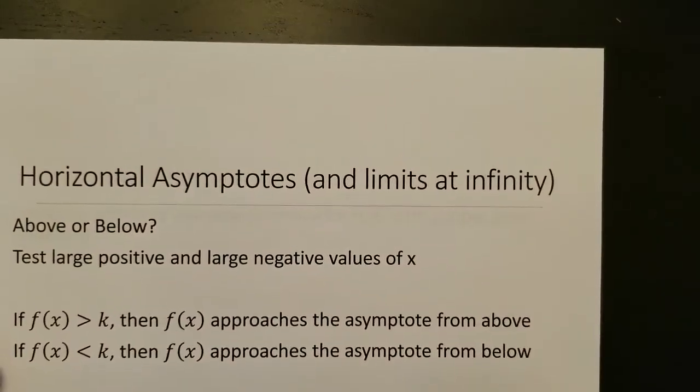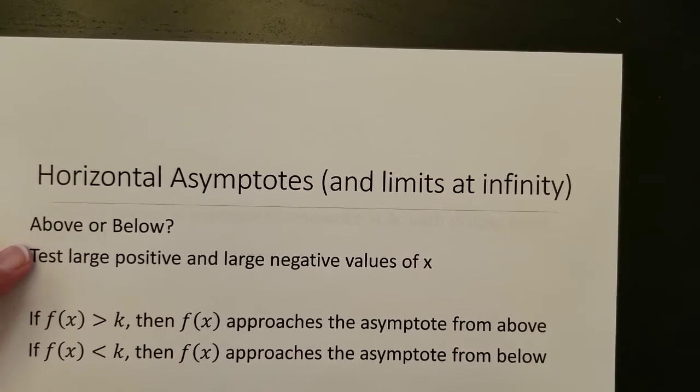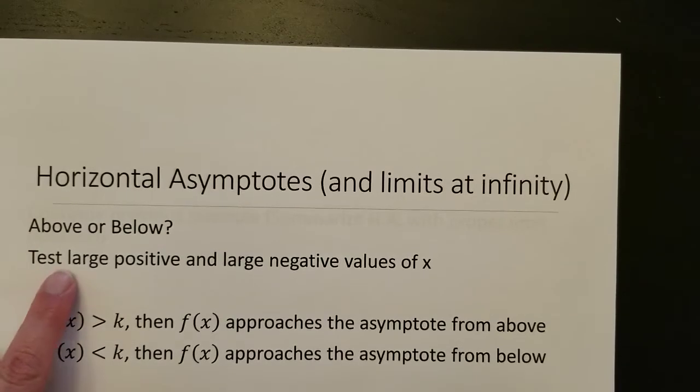So another thing that we should look at is test values. Again, this is just kind of a little bit more detail of what we would be doing here. We want to know whether this function is approaching that horizontal asymptote from above or below. So we're just going to test large positive and large negative values.